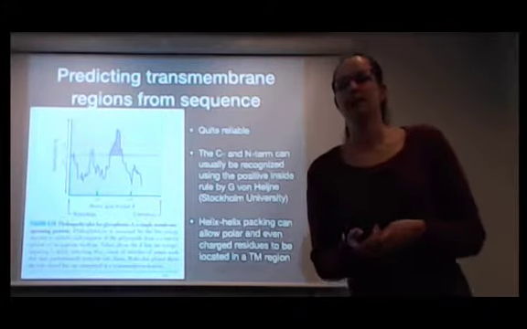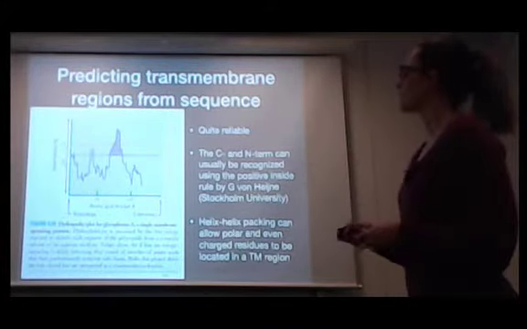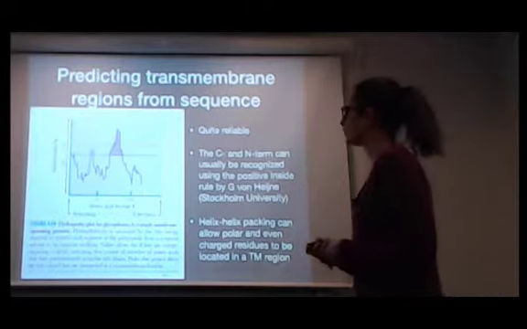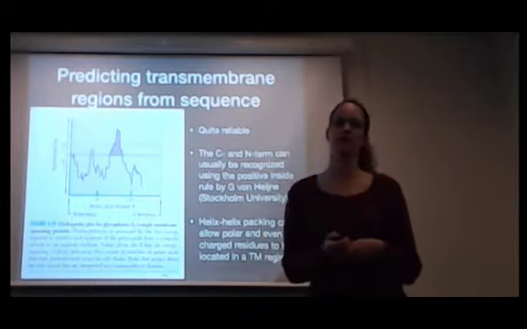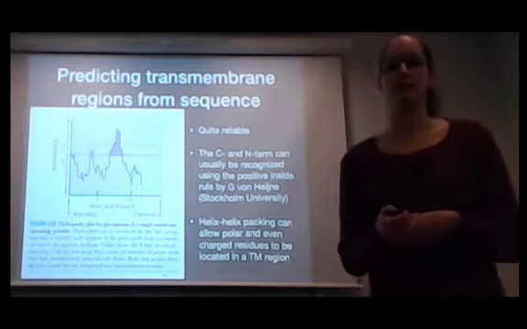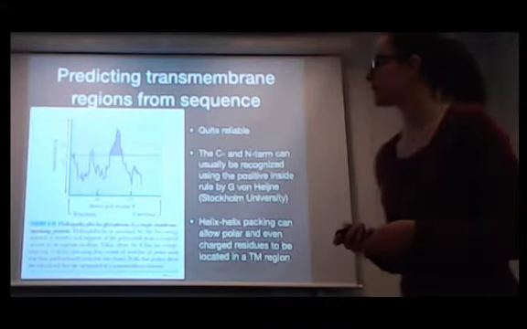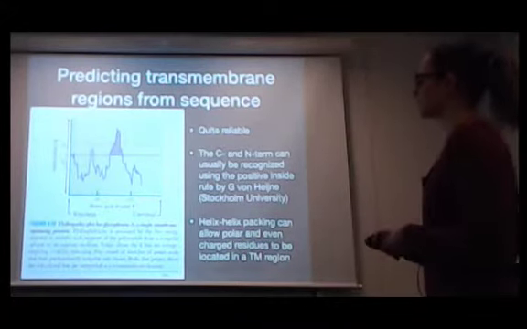Based on what I just said, it's interesting to notice also that we can quite easily predict transmembrane regions from sequence. So we know that there will be mostly hydrophobic amino acids that will be in transmembrane position.